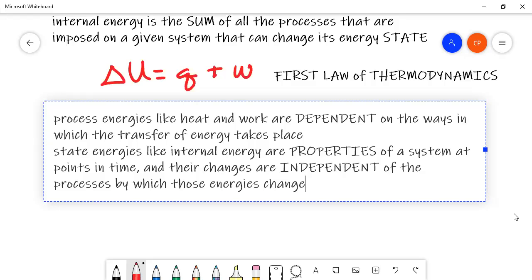On Thursday, when we get in here, we will introduce the concept of enthalpy and how we use enthalpy as an equivalent of heat transfer that we can manage as a state energy. That's our business for Thursday.